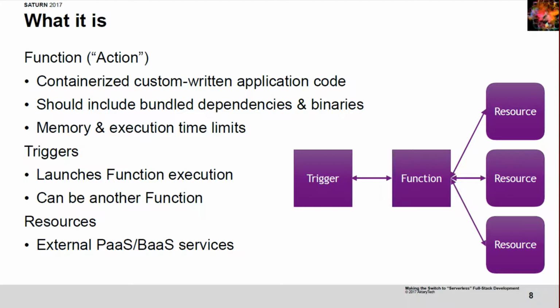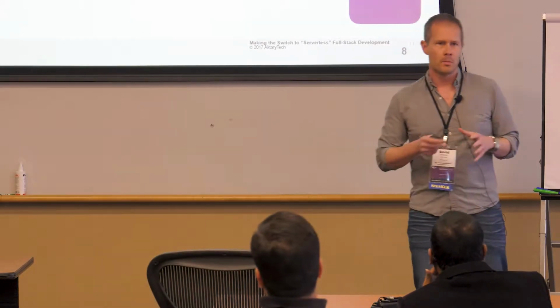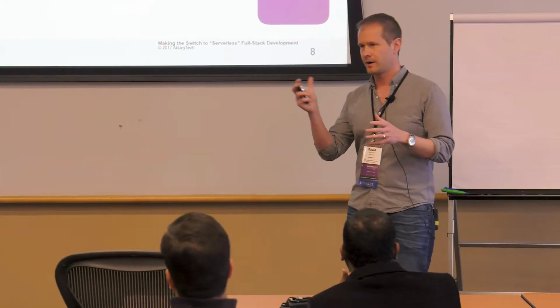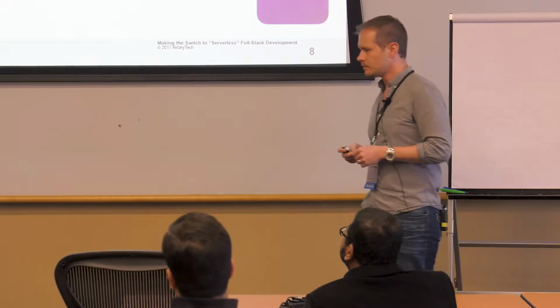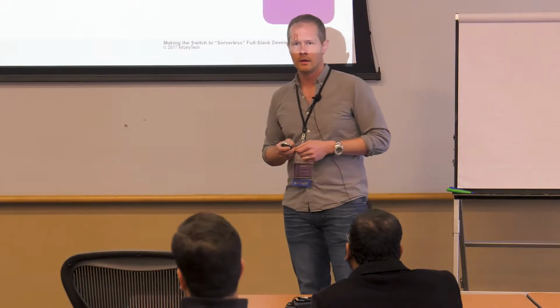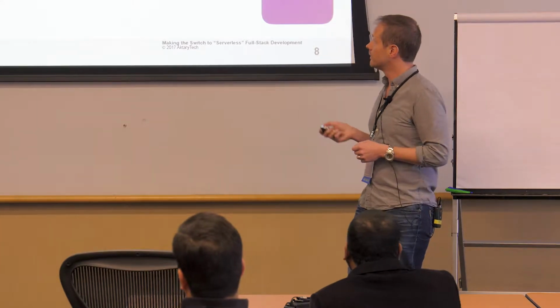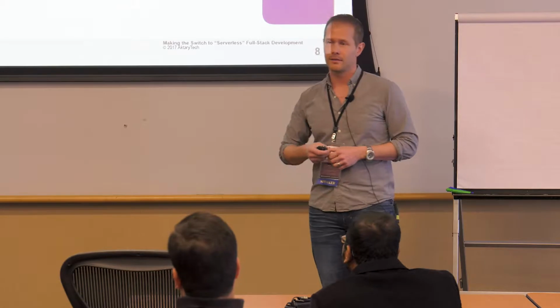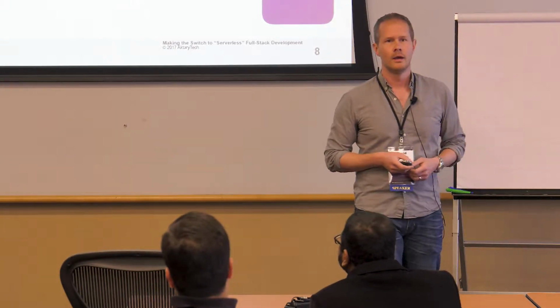The various providers out there offer these services: Google Cloud Functions, Amazon, we'll see a list of them later. They break down the way that they think about these things into three main pieces, and the frameworks do this as well. It's functions, which are the code that you've written; the triggers, which are the events kicking off a function; and then the resources on the back end that are used by that function.